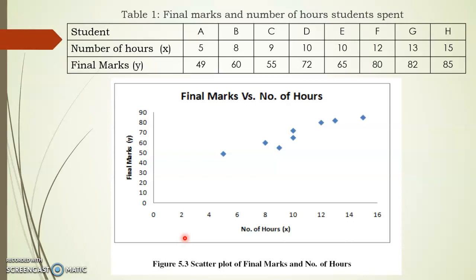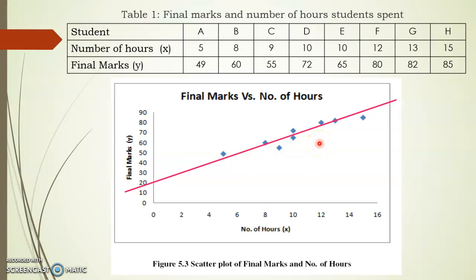And from this scatter plot, we can see that the plots, these dots, do imitate a linear line. Even though they are not exactly forming a straight line, they do look like a straight line. It's like they're trying to become a straight line. So yeah, we can try to draw a straight line that can best fit all these plots.